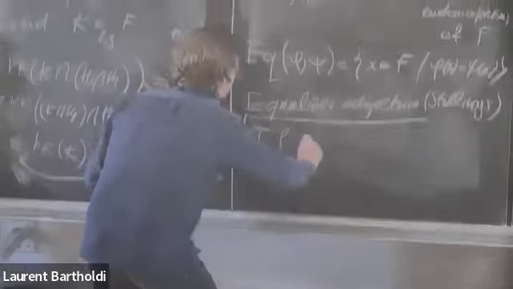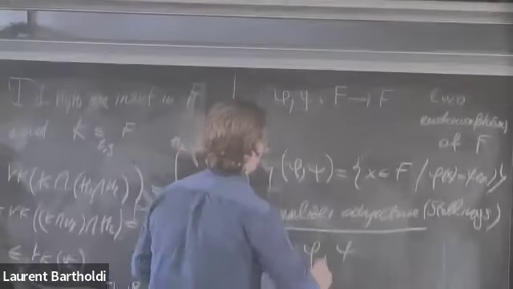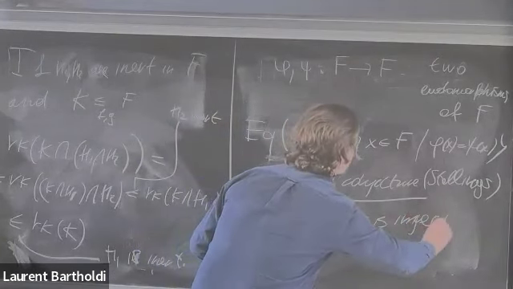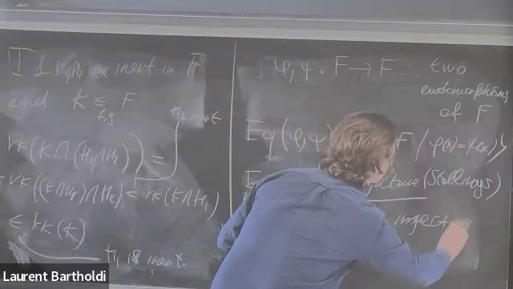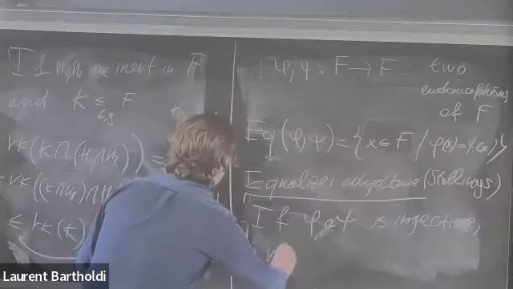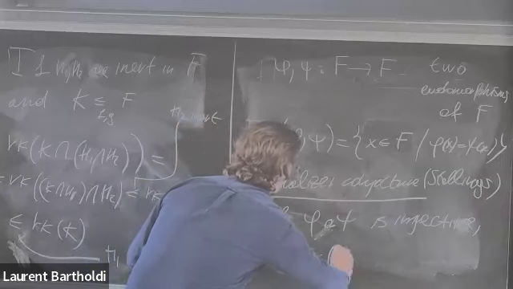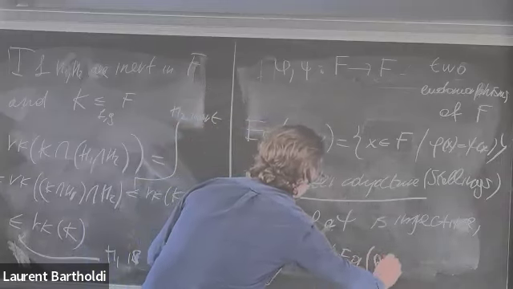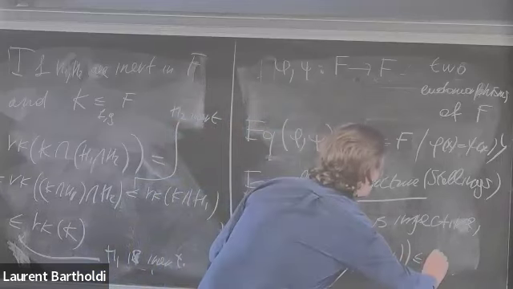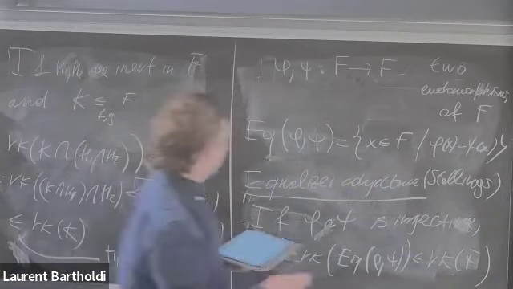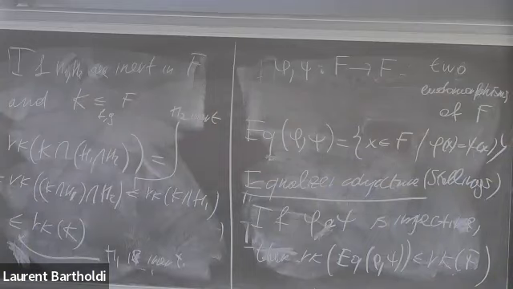It says that if one of them is injective, then the equalizer is of rank at most the rank of F. And there is quite a lot of work on this conjecture.